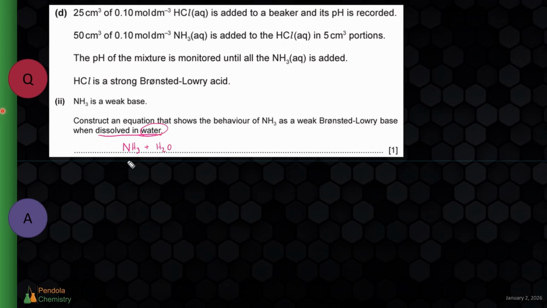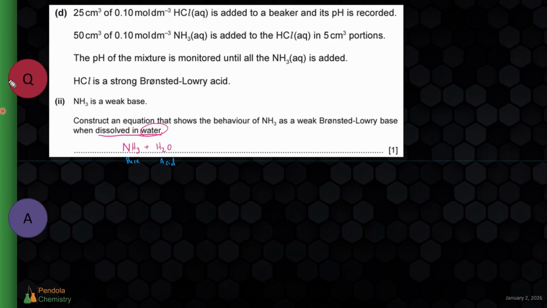So it's important to understand here that ammonia, NH3, is acting like a base here, which means that water, which is amphoteric, is going to act like an acid, meaning that it's going to donate the hydrogen to the ammonia.